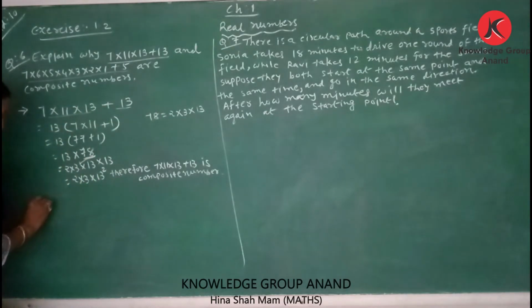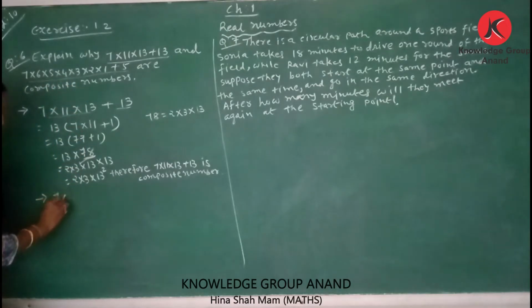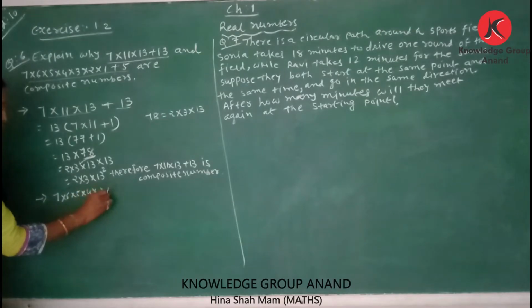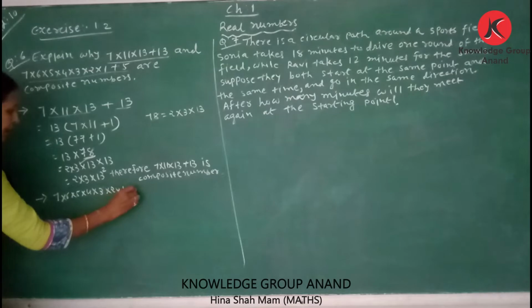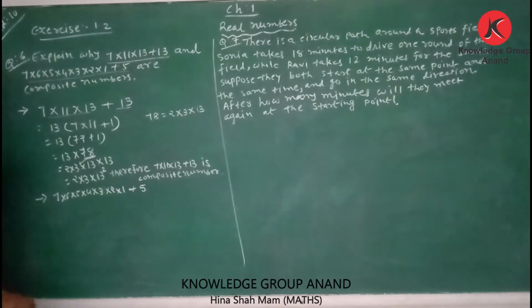Now the second number. The second number is 7 into 6 into 5 into 4 into 3 into 2 into 1 plus 5. Here, which number is common? Here 5 is common.